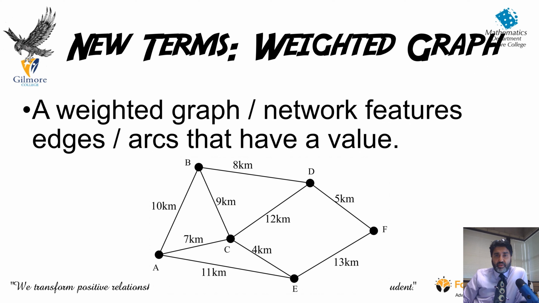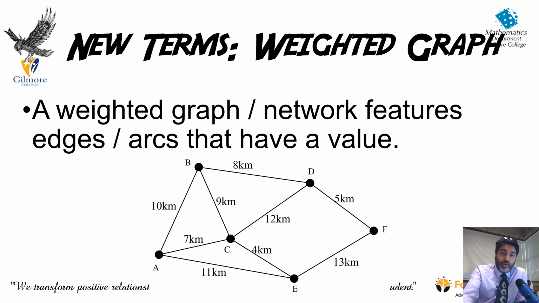A weighted graph is one where the edges or arcs have a weighting, in this case a value. Here the vertices may represent towns or landmarks, and each of those edges represents a road.